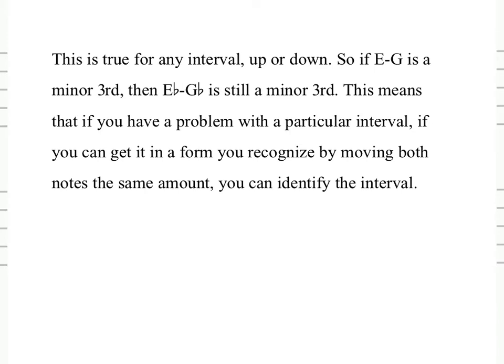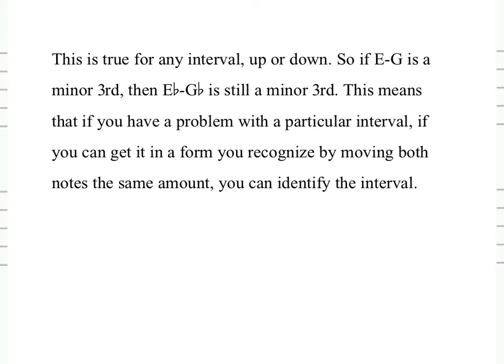So this is what I had just told you. This is true for any interval up or down. So if E to G is a minor third, E flat to G flat is still a minor third. This means that if you're having a problem with a particular interval, if you don't recognize it, then put it in a form that you can recognize, and then you can identify the interval.